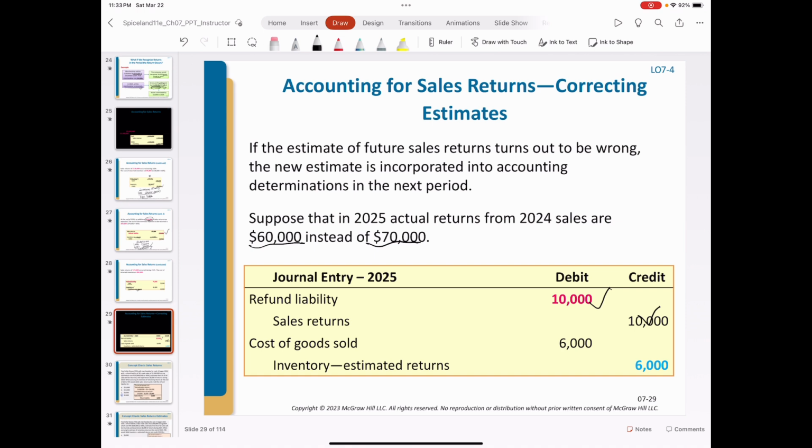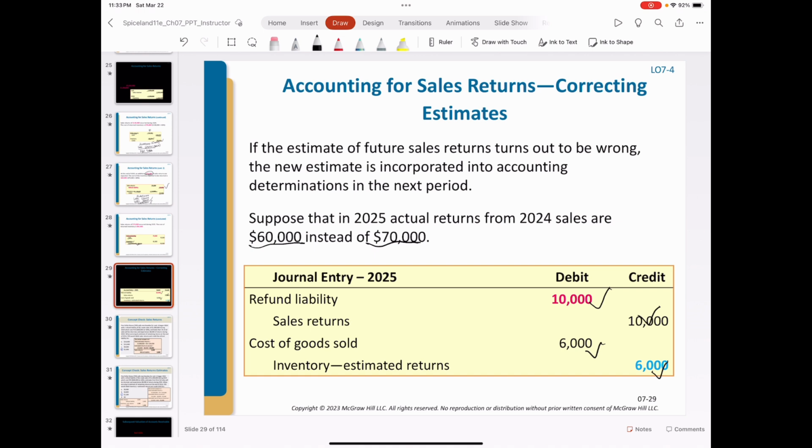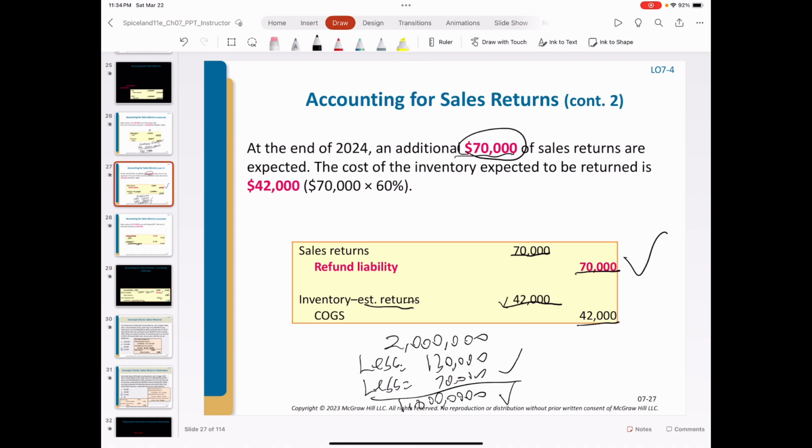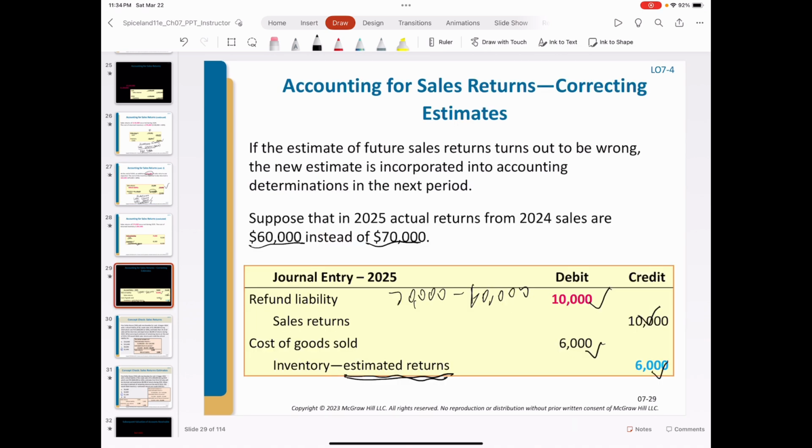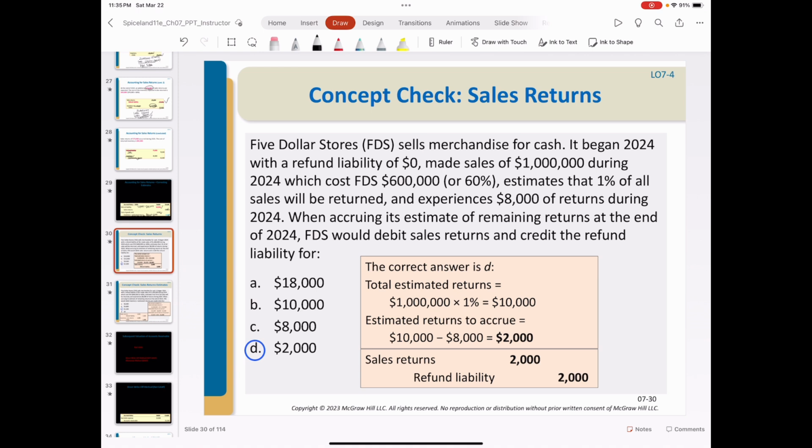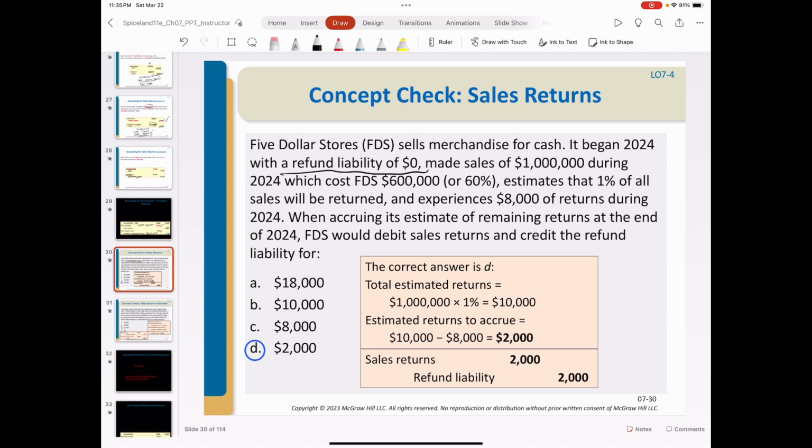The amount is 60% of the $10,000. After this journal entry, the refund liability is reduced from $70,000 to $60,000. Inventory estimate return is reduced from $42,000 to $36,000.